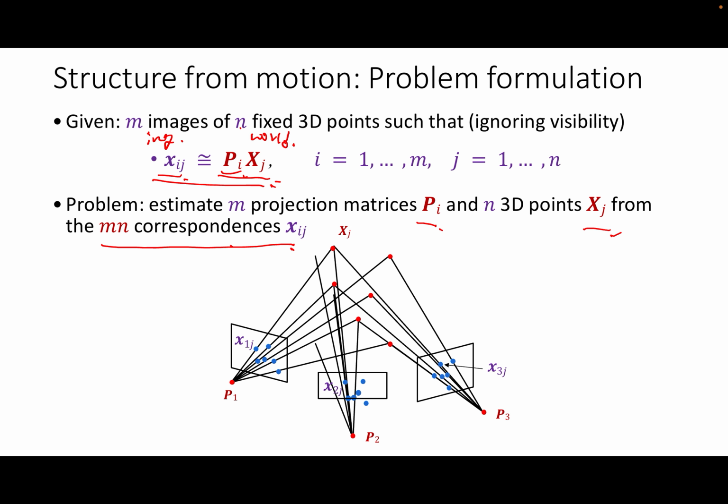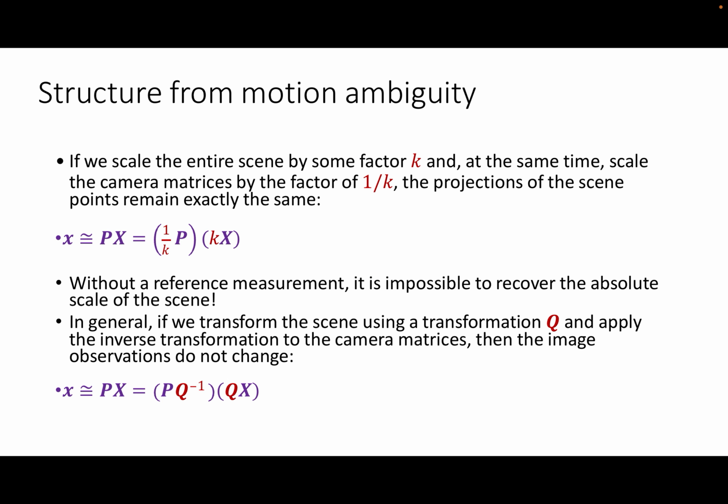That is the mathematical formulation of structure from motion. As you can see, here m equals 3 and n equals 6. So there are 3 cameras in this example, and there are 6 3D points, right?